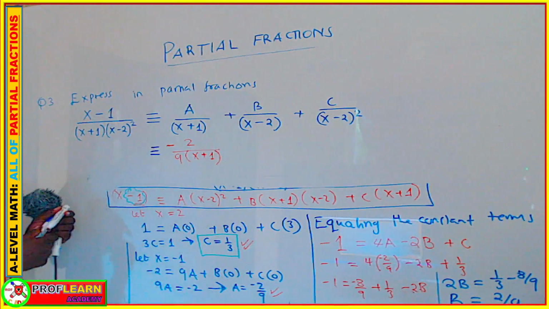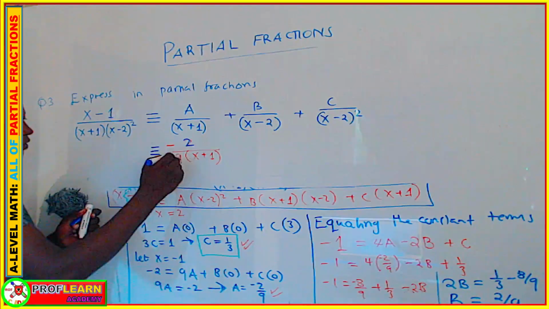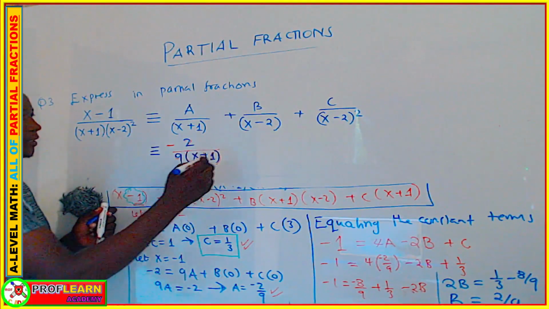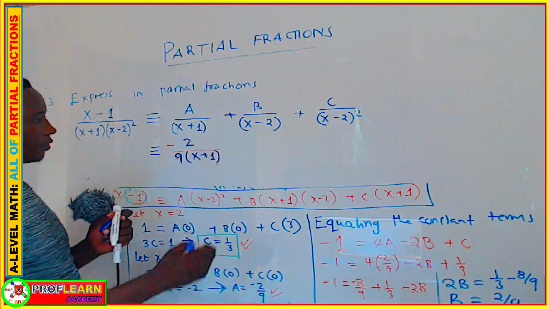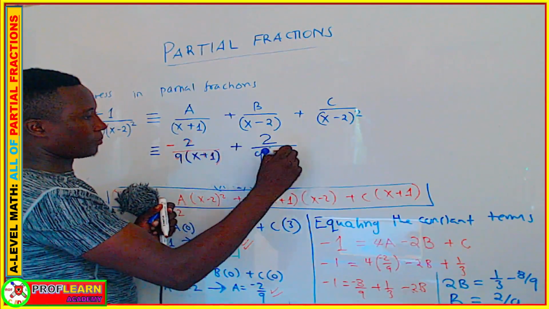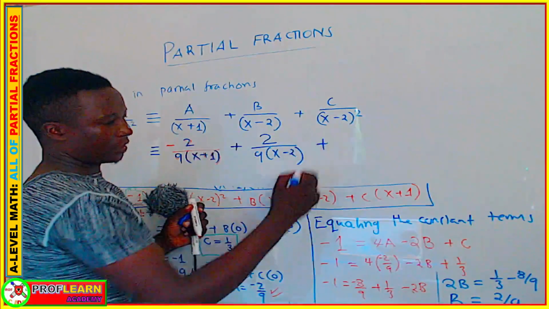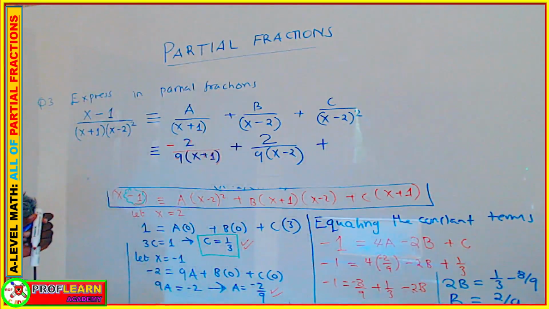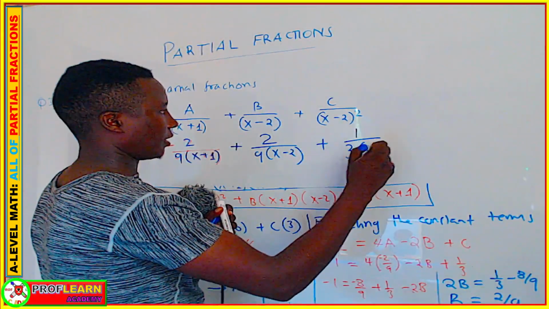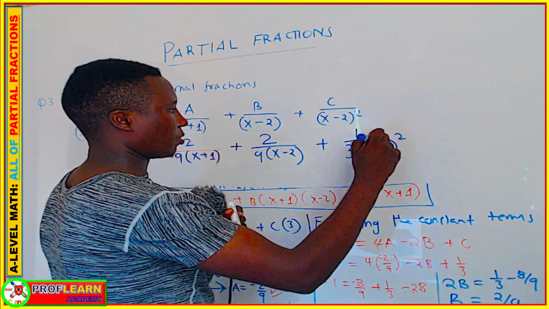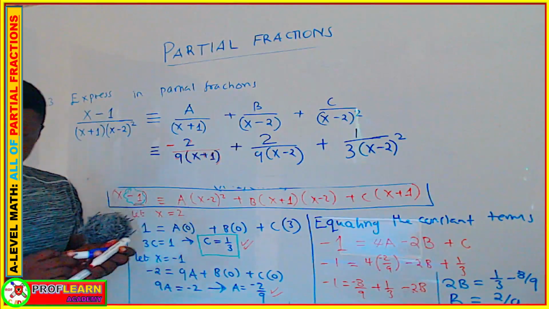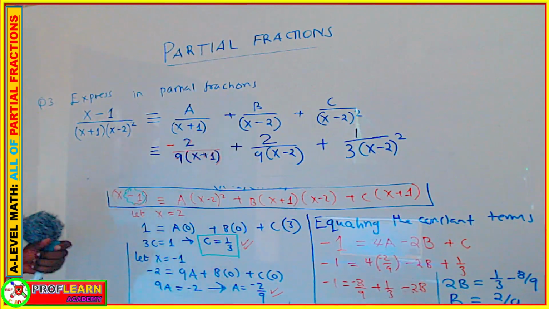I've taken the 9 down because it is a fraction. Then b, we got as 2 over 9, so this is going to be plus 2 over 9 into x minus 2. Then plus c. Our c was 1 over 3, so this is going to be 1 over 3 into x minus 2 squared. Now this is the partial fraction the question asked us to work out.